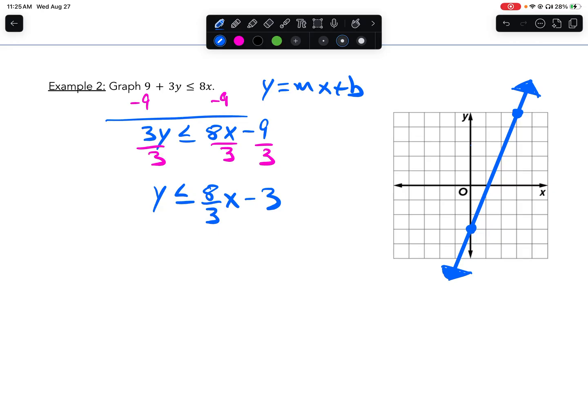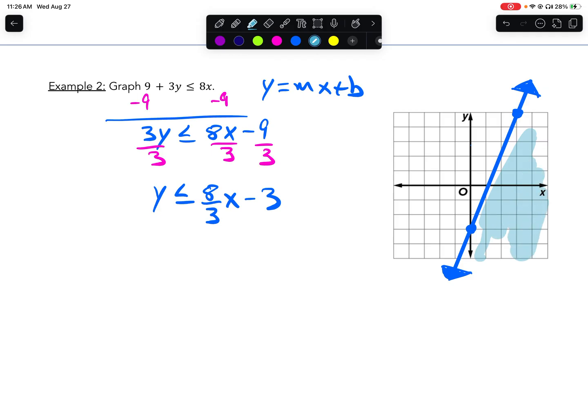Okay, now next I need to think about shading. So I have less than or equal to. So I look at my line here and I'm thinking, where are the y values smaller? Well, this y value is smaller, which means I should shade on the right side of this line, or I think of it as below the line. So I'm going to go and shade that now.